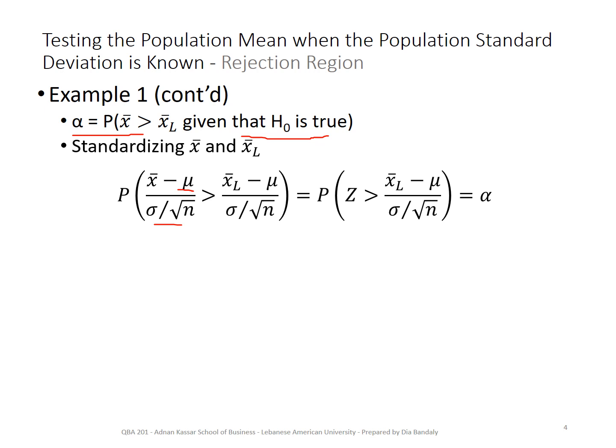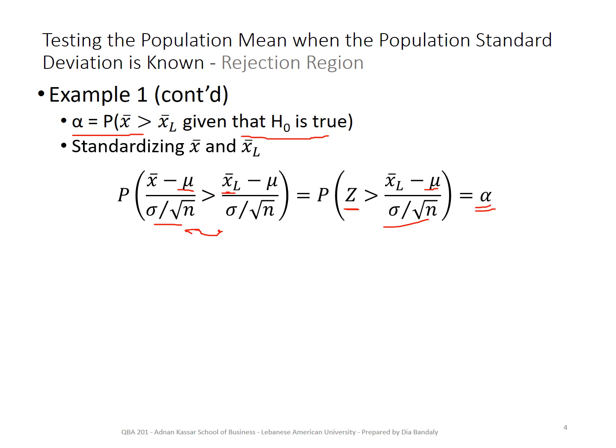On this side, I will end up with Z. On the other side, this is a value I don't know yet, but it's a value. I also replace that mu and standard deviation, and I'm saying that this is equal to alpha. But how is this going to help me find my X bar L?